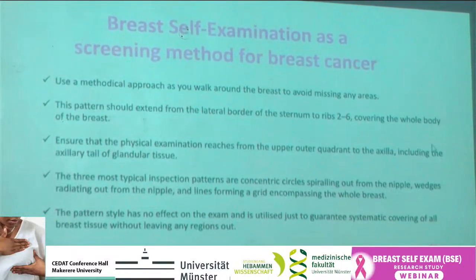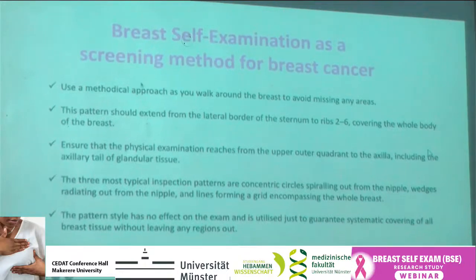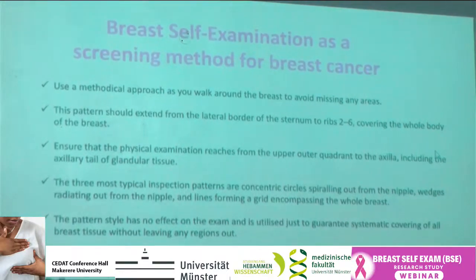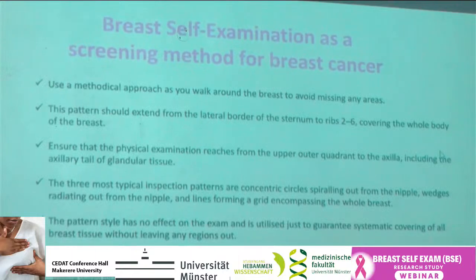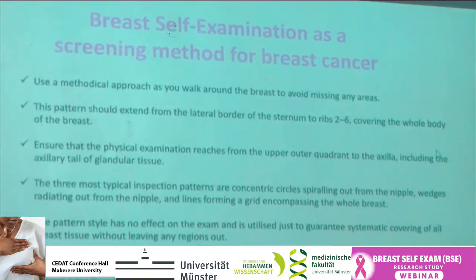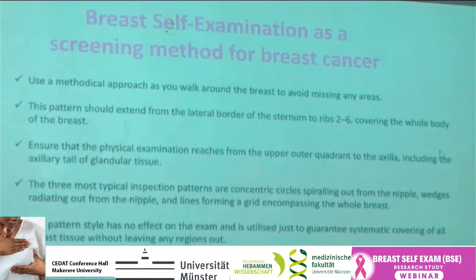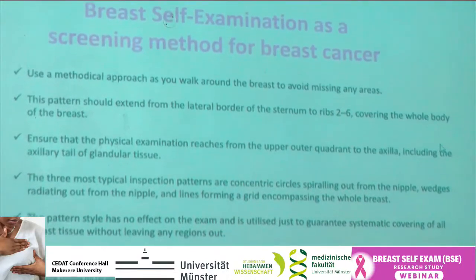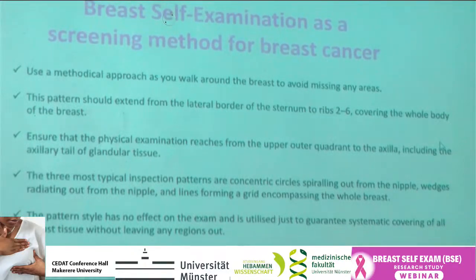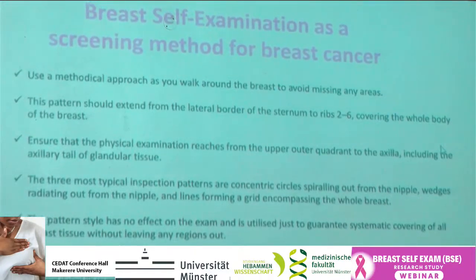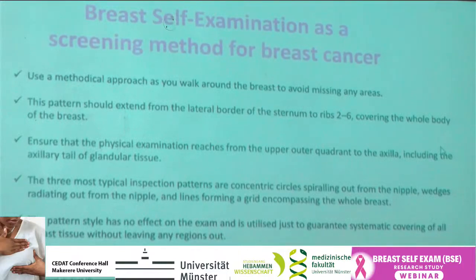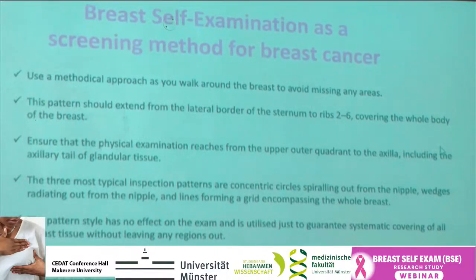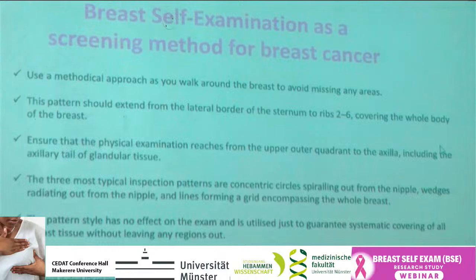So the entire breast self-exam uses a methodical approach as we walk around the breast to avoid missing any areas. This pattern should extend from the lateral border of the sternum to the ribs, around rib 2 and rib 6, covering the whole body of the breast. Ensure that the physical examination reaches from the upper outer quadrant to the axilla, including the axillary tail of glandular tissue.